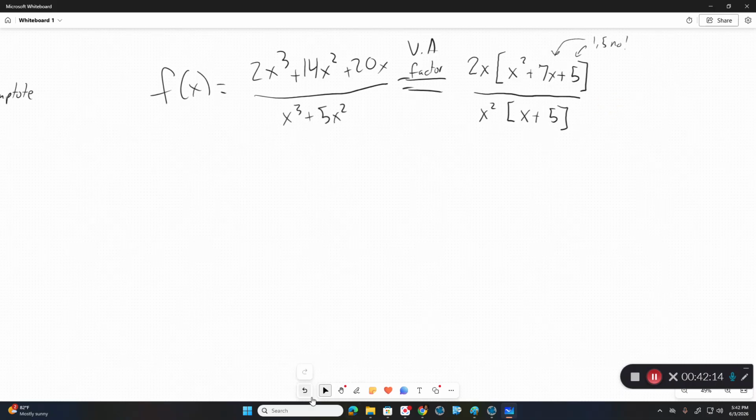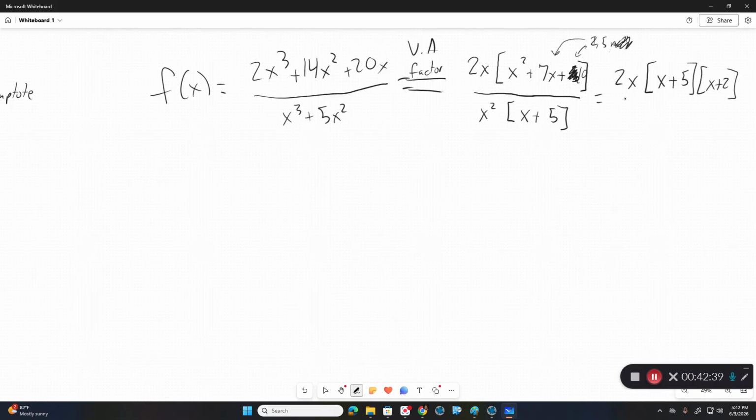I just want to hit undo. It's making me live with my mistake, which I don't want to do. It should be plus 10. And the factors are 2 and 5, which turn out to be, yes, these actually do factor quite nicely. We can actually factor even further as x plus 5 and x plus 2.